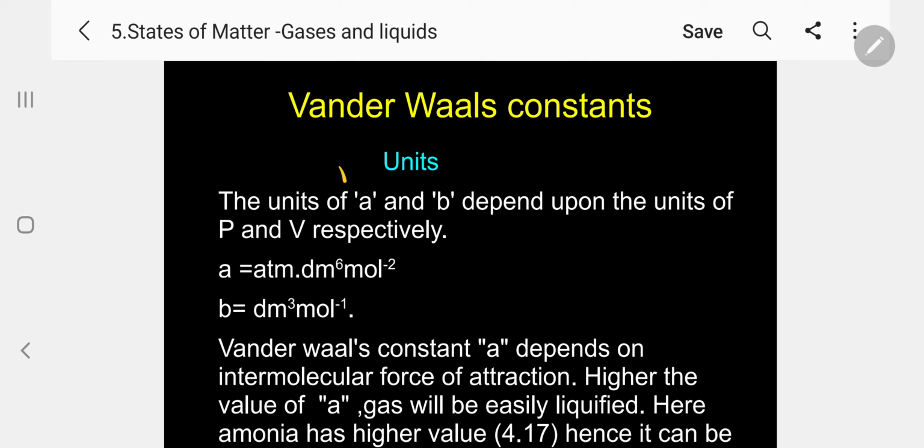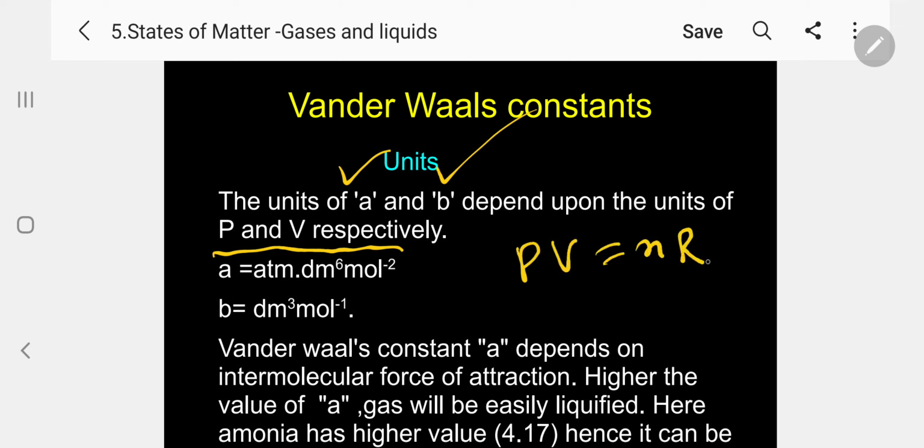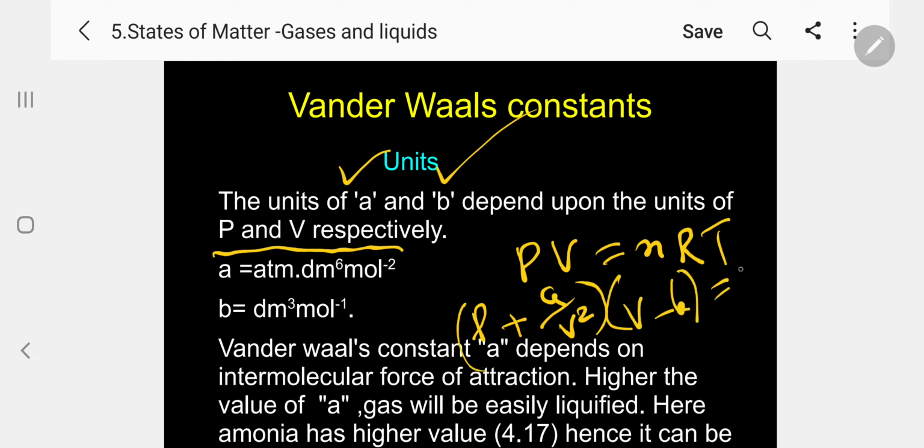The units of A and units of B depend upon the units of pressure and volume. Normal ideal gas, PV equal to nRT. So kindly follow what we are applying when we write the van der Waals constants. We are writing now P plus A by V square into V minus B equal to RT.